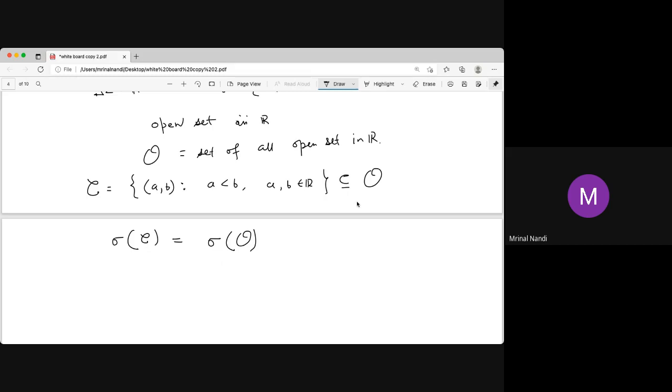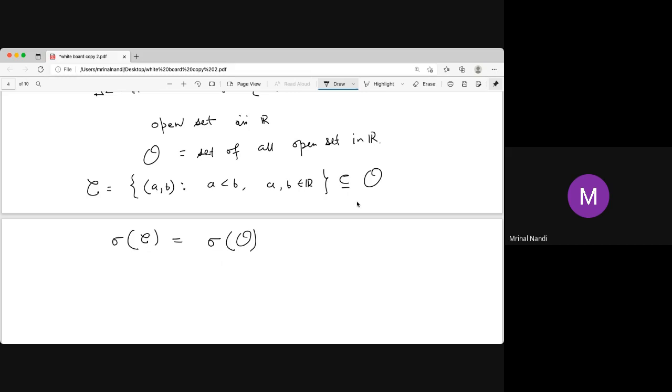If it is a compact set, then by the Heine-Borel theorem you can have a finite covering. That is for compact sets. But for any open set, you can have countably many open intervals which cover it.